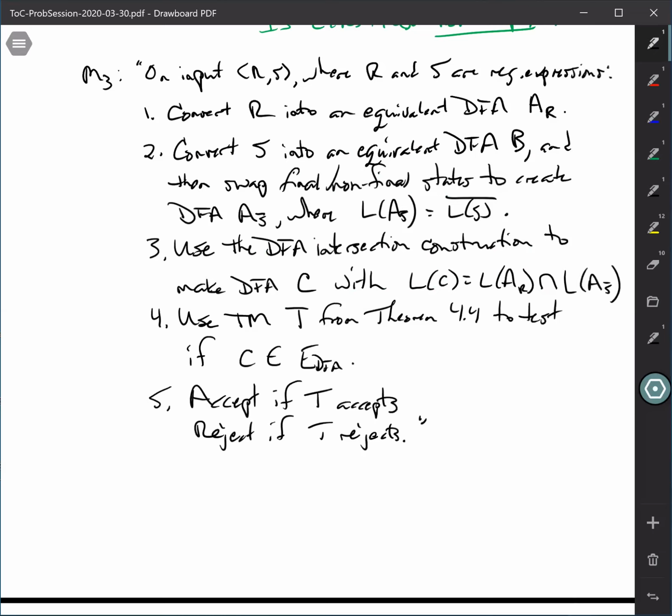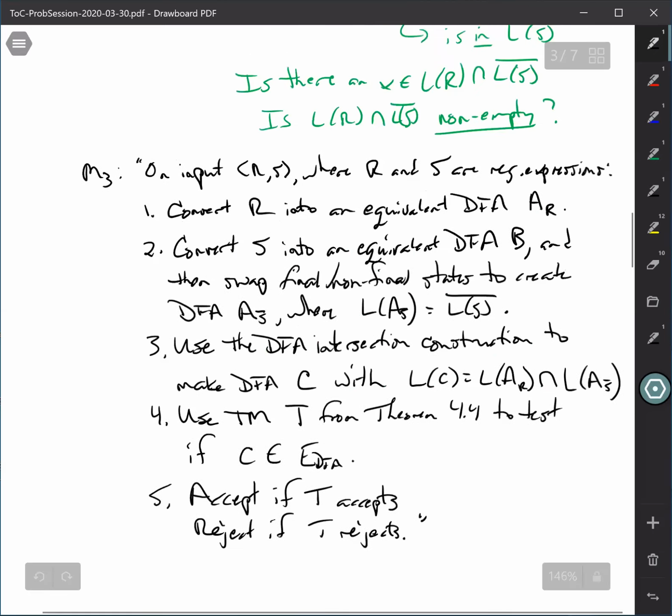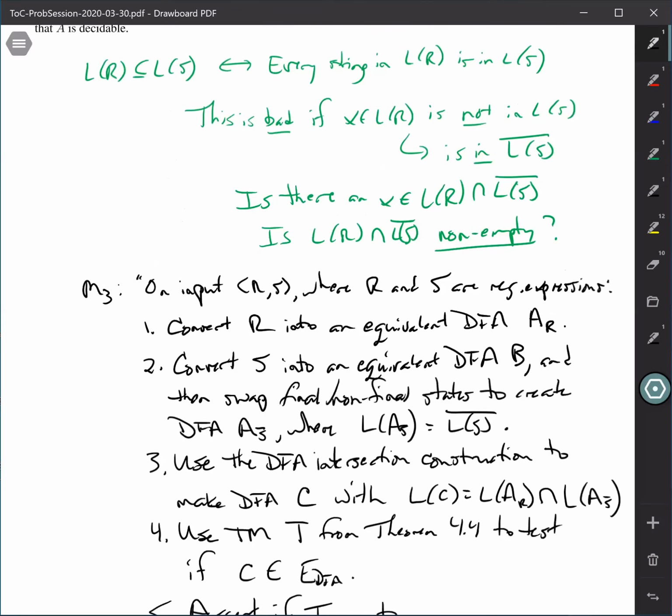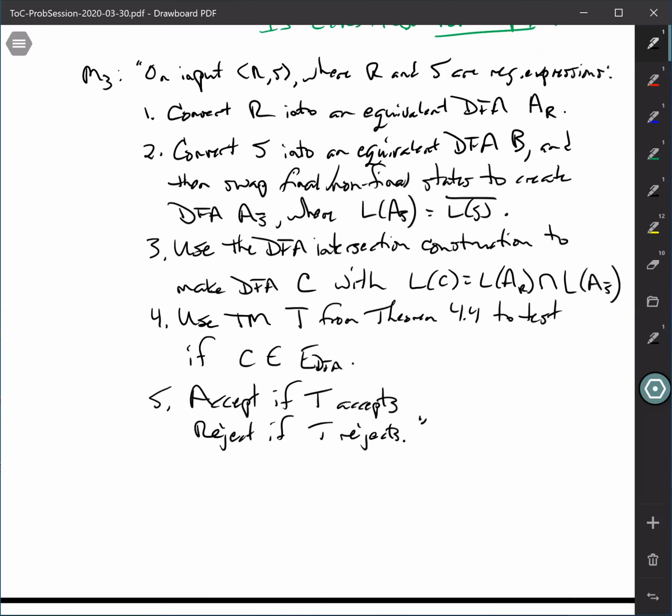And then the result of that, because of the set operations that we pointed out above, the result of T tells us whether that's empty. So basically T is looking for counterexamples to L of R being a subset of L of S. And if no counterexamples exist, that is, if the set of counterexamples is empty, that means that L of R actually is a subset of L of S.